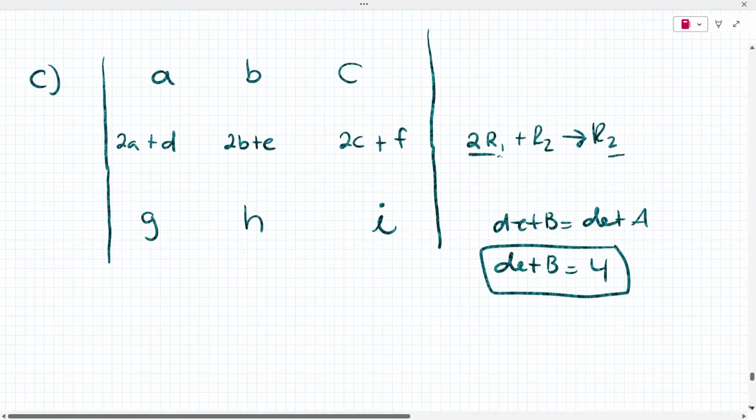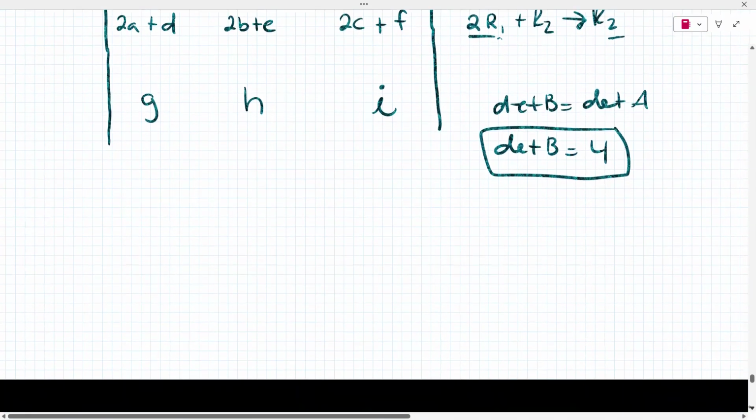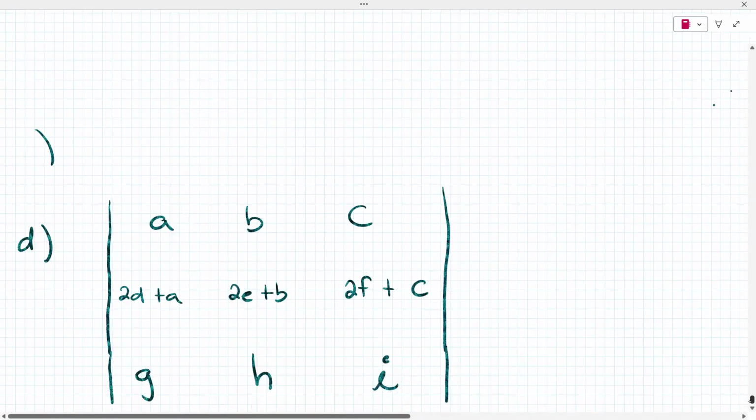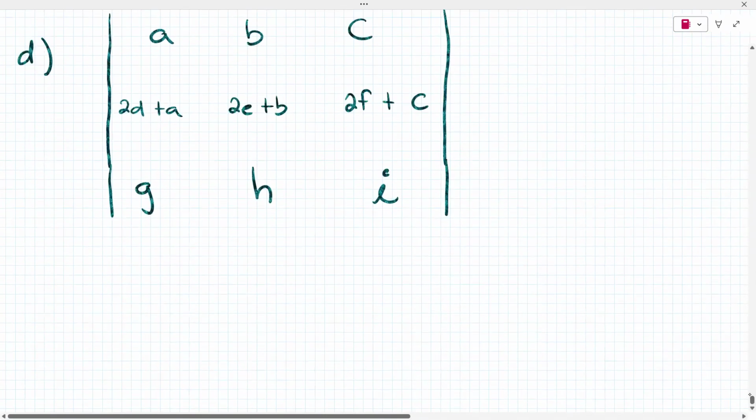Okay, last one. Compare this with the original, and it looks like it's messed with row 2. It looks like they did 2 times row 2 plus row 1 and gave me row 2.